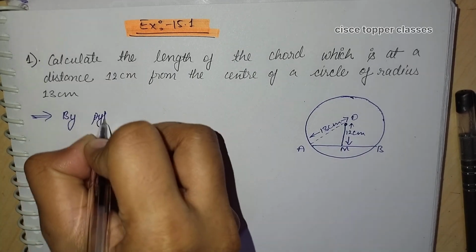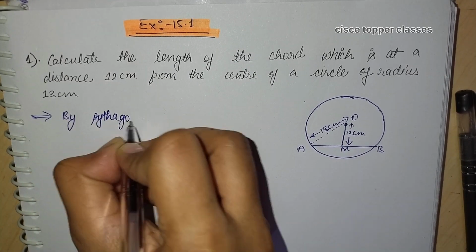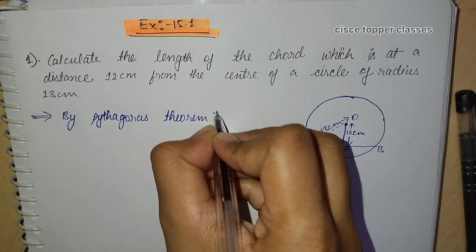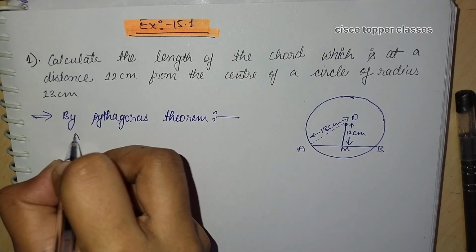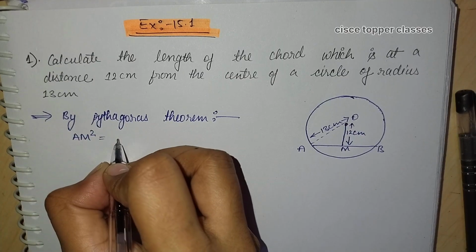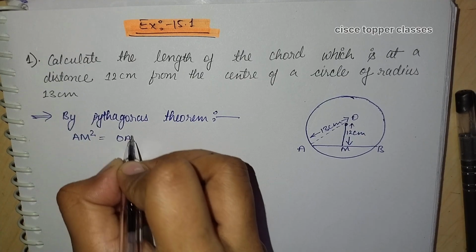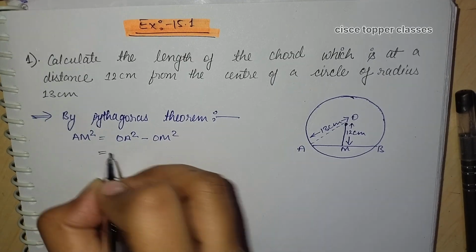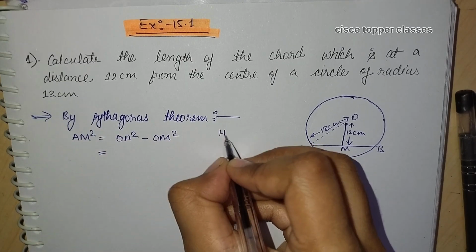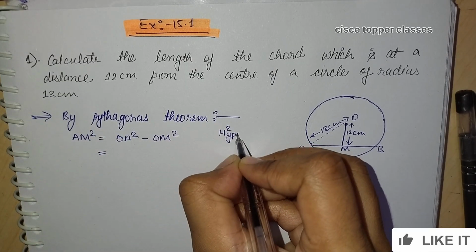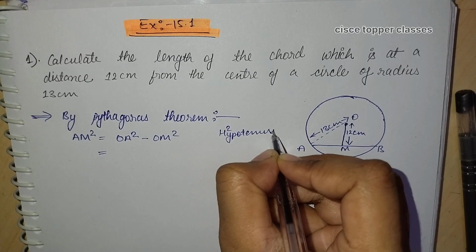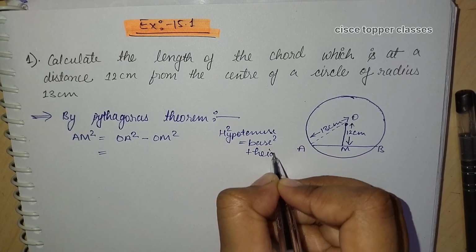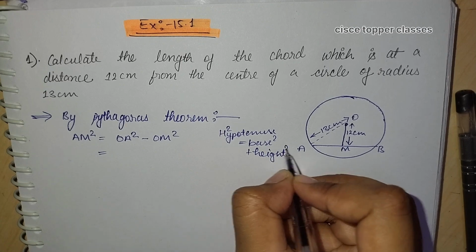So we can write, by Pythagoras theorem, AM square is equal to OA square minus OM square, because Pythagoras theorem says hypotenuse square is equal to base square plus height square.